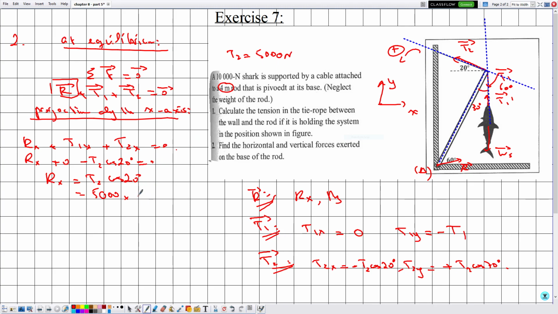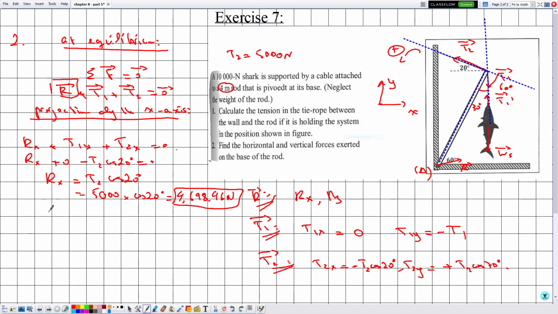So 5000 times cosine 20, 4698.46 newtons.